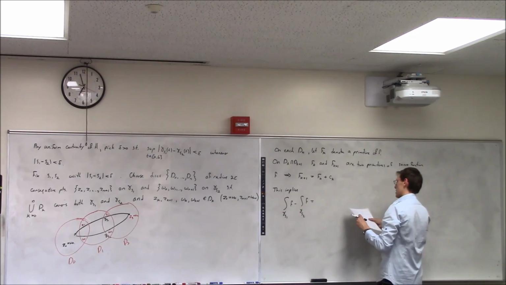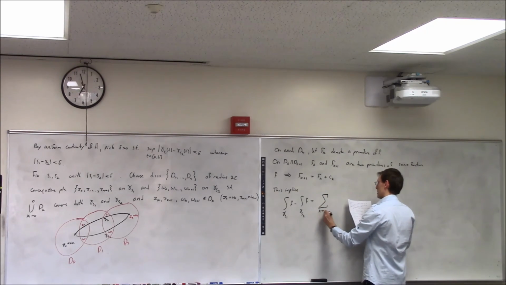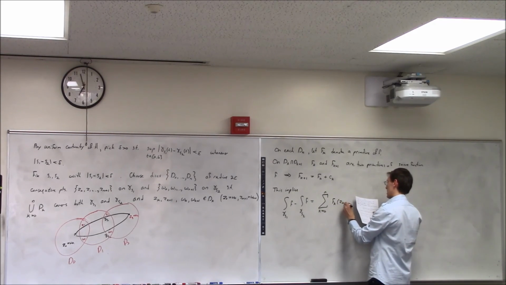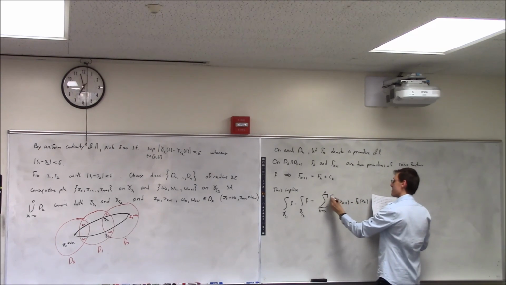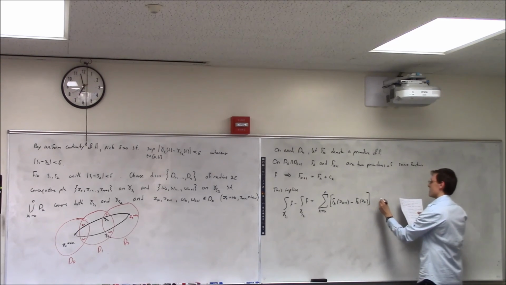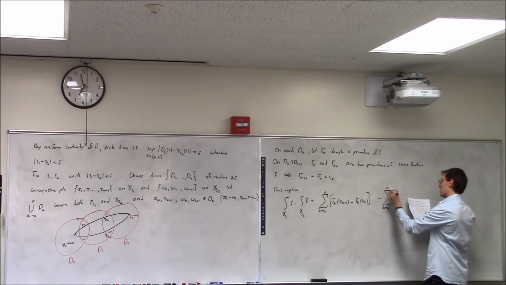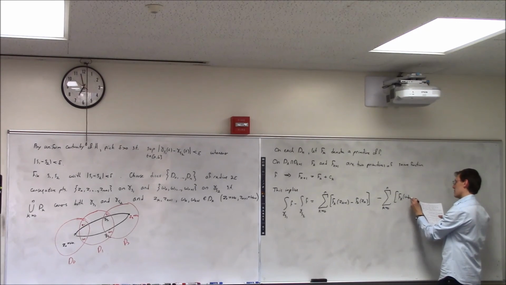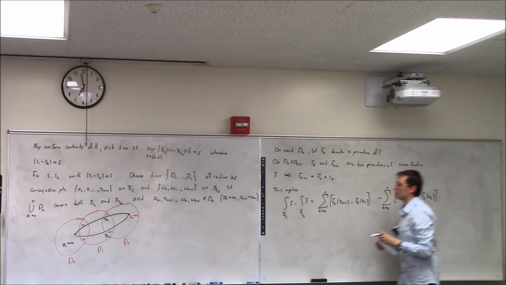So what you get is the integral of the first function is just the summation k from 0 to n of f_k z_{k+1} minus f_k z_k, minus the sum k equals 0 to n of f_k w_{k+1} minus f_k w_k. So what I'm talking about is this.